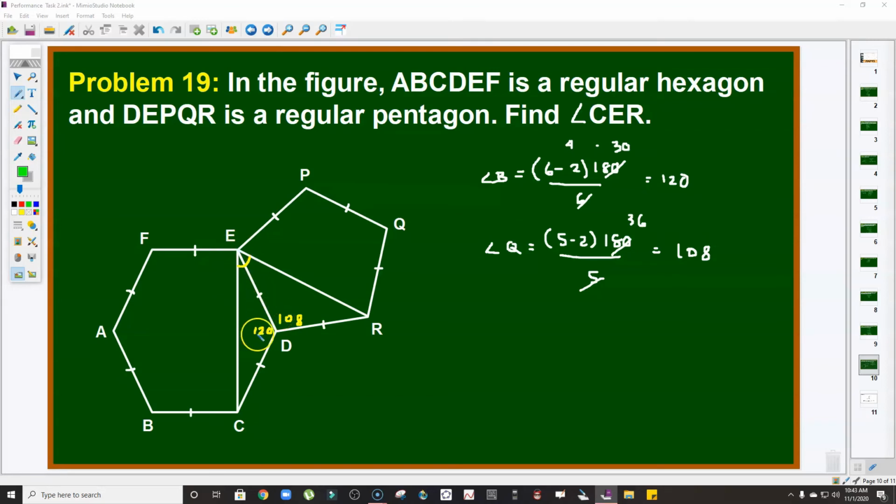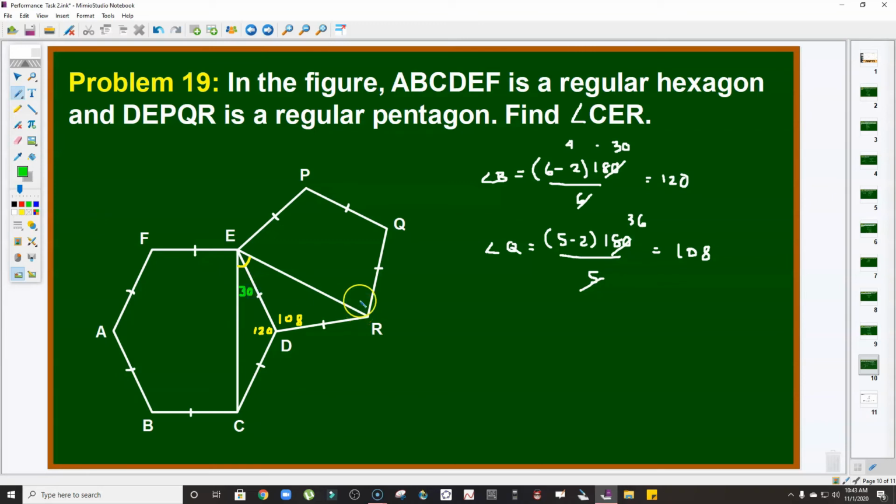Because the sides ED and CD are equal. And we know kung sides are equal, the opposite angles are also equal. Tama? So, kung 120 yan, the remaining angles is 60. But since equal yan, therefore, each angle is 30. So, therefore, itong angle na to is 30 degrees.